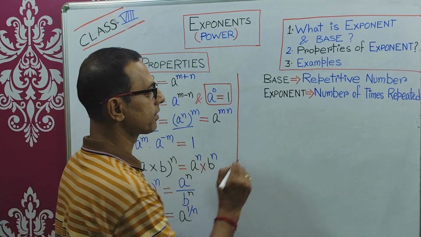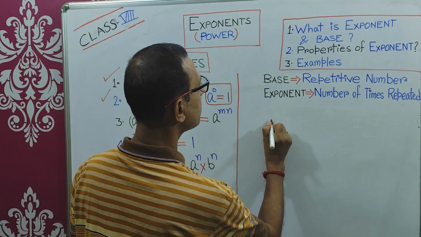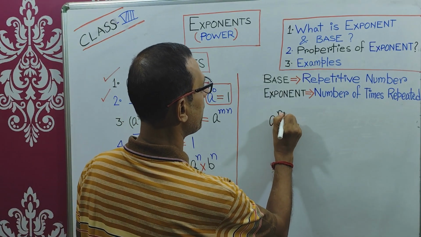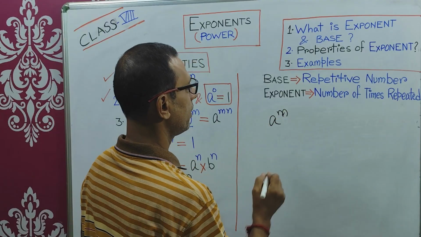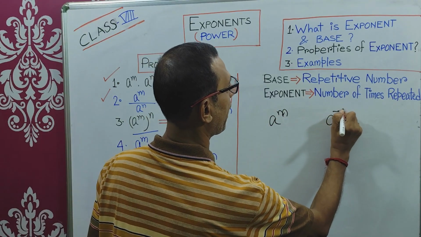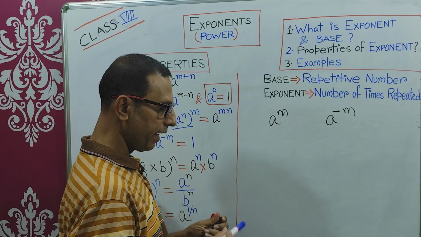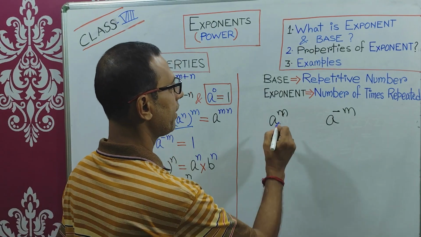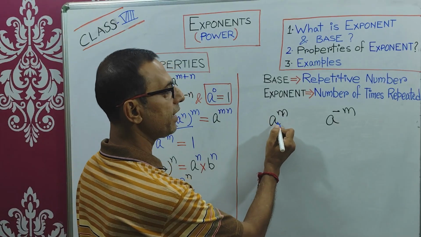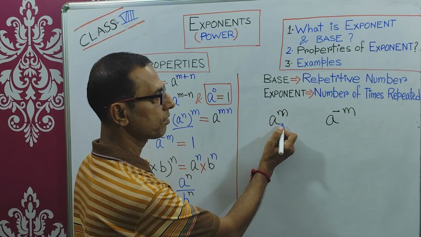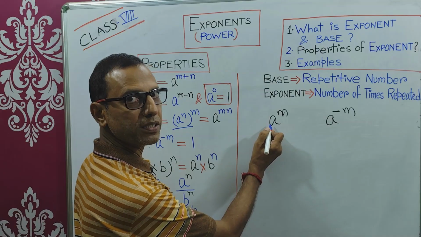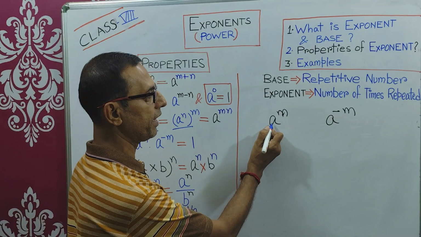Another thing you need to understand: if I say a to the power m and if I say a to the power minus m, what is the relation between these two? A to the power m means a is there m times, right? M times you have the same repeated number a.